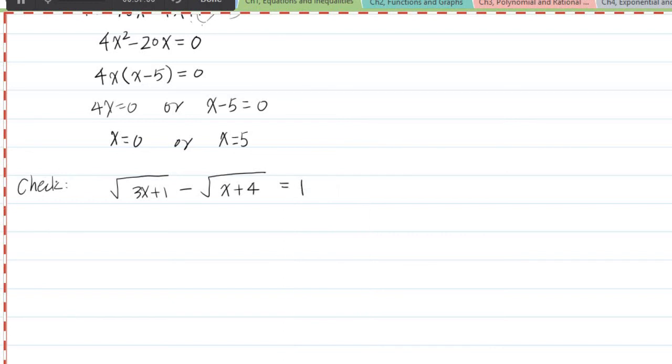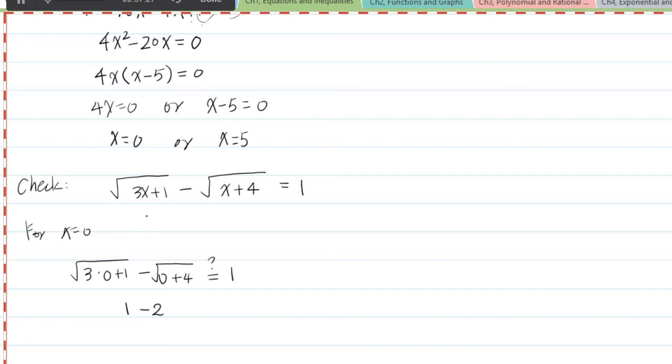Let's go ahead and check for x equals 0. Let's do this a little bit faster. Just plug in: that will be the square root of 3 times 0 plus 1, minus the square root of 0 plus 4, and we want to check if it gives you 1. The square root of 1 is 1.